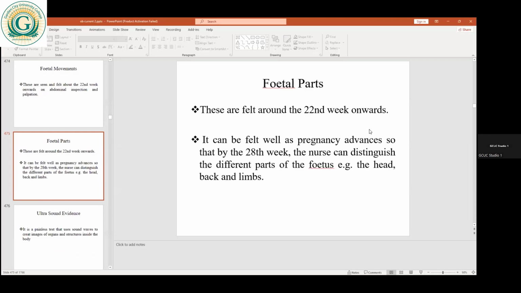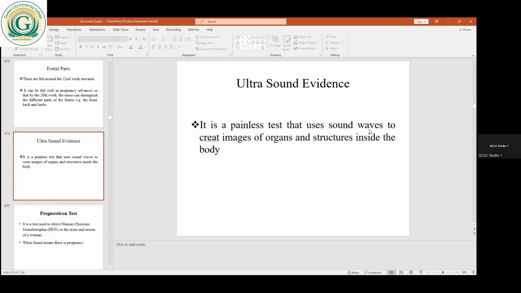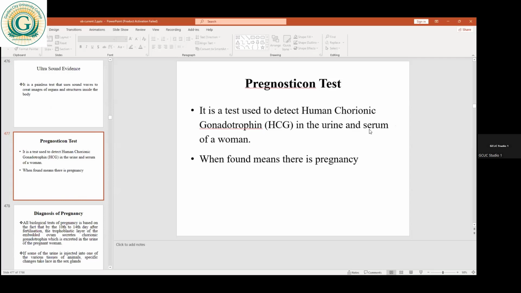Then if you palpate and you feel some parts, the limbs, the head, and so on, then the woman is pregnant. If you take a scan and you see some image in the uterus, it means the woman is pregnant. If you do a prognostic test, which normally is done with the early morning urine, what it indicates is that the woman is pregnant.